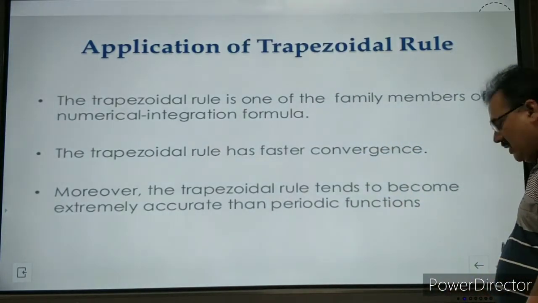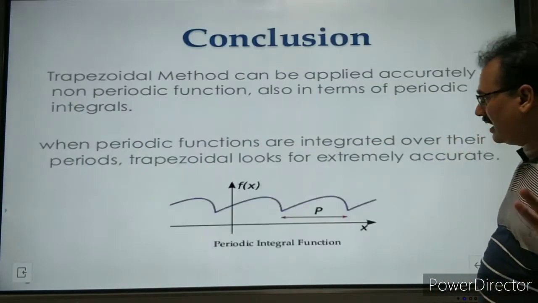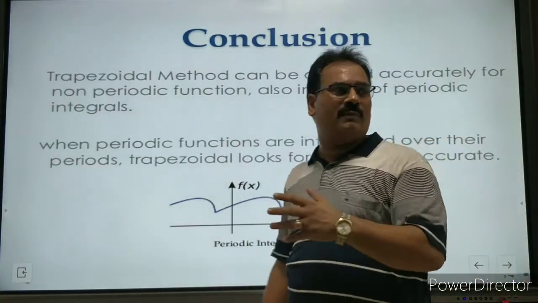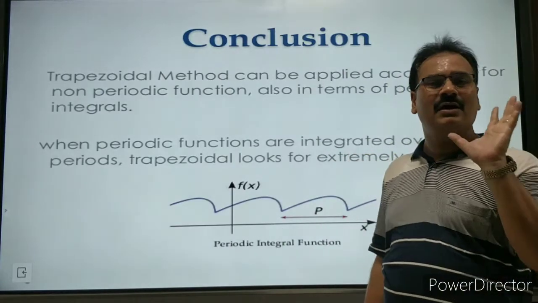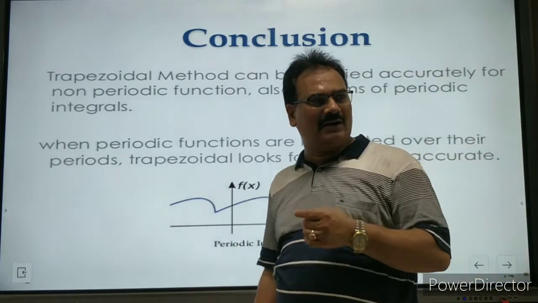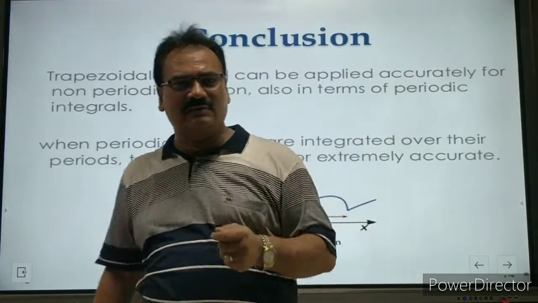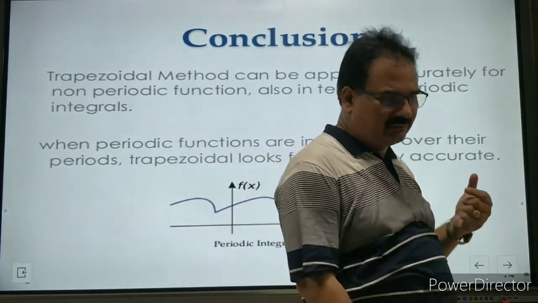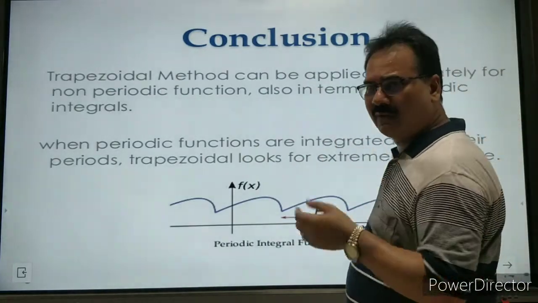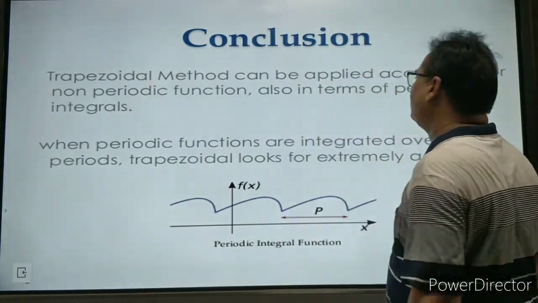We know many functions are periodic functions. If y is equal to f(x), it may be any function, but some functions are known as periodic functions, like sine 2x, sine 4x, sine ax with a different period. Sine, cosine, trigonometric functions, many functions you know are periodic.